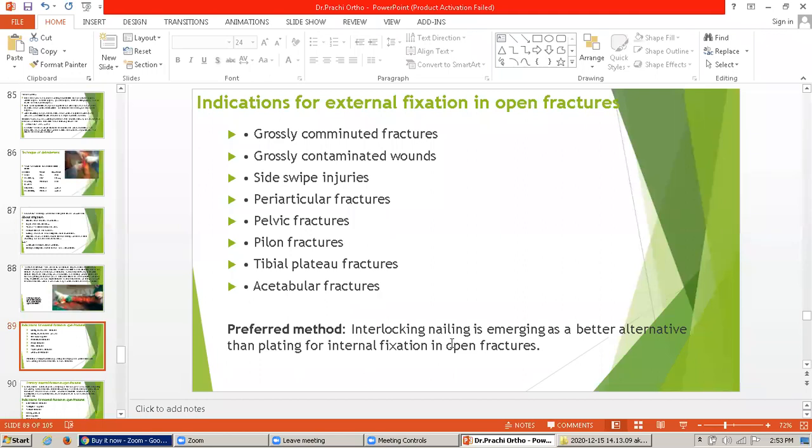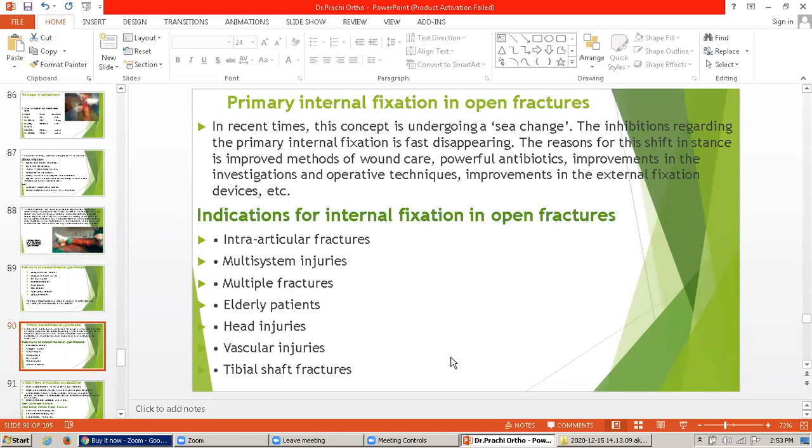Preferred method, interlocking nailing, is emerging as a better alternative than plating for external fixation in open fracture. Then, primary internal fixation in open fracture: in recent times this concept is undergoing a sea change, and the enthusiasm regarding primary internal fixation is fast disappearing.